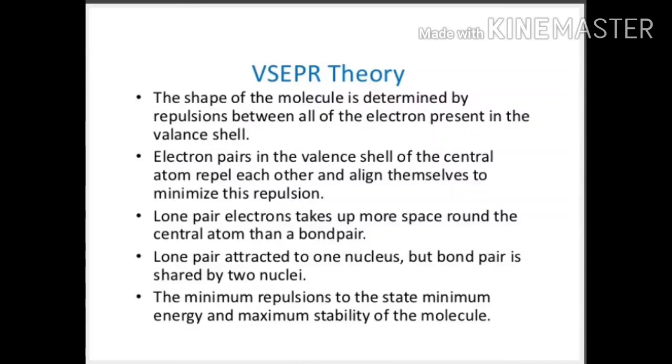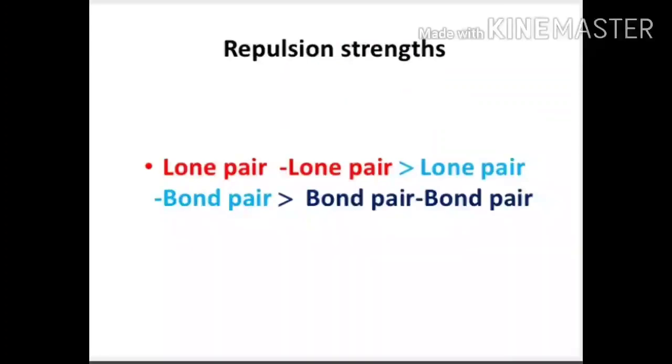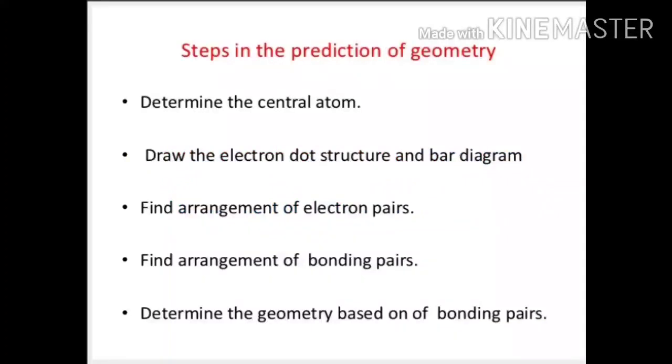That explains the shape of the molecule. Hence, the repulsion between two lone pairs is greater than that between a lone pair and a bond pair, which is further greater than that between two bond pairs.